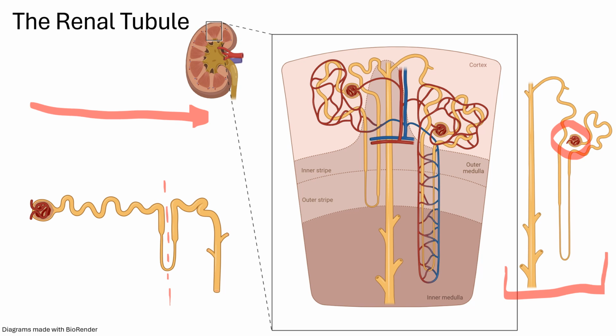This allows us to diagram the exchange that happens between a capillary bed and a nephron. But remember that the capillary bed we diagram out here is not what it looks like. The capillary beds are twisting and turning around the nephrons, and that's more accurate.